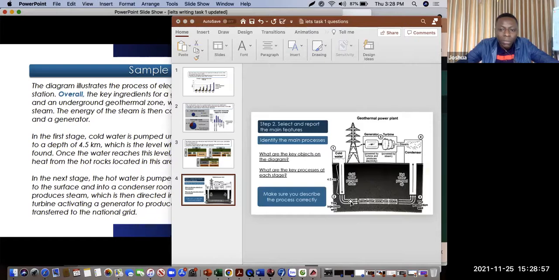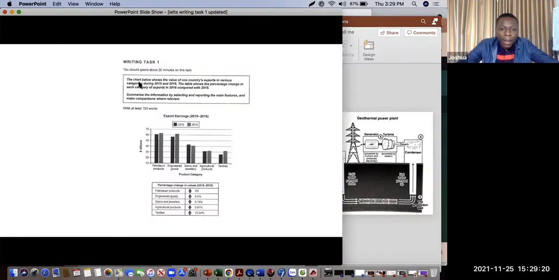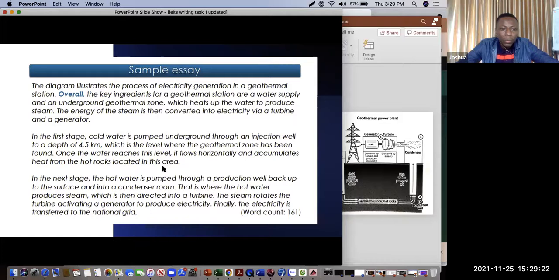So once the water reaches here, it travels horizontally across the geothermal zone and absorbs heat from it. After that, we move on to the next stage.